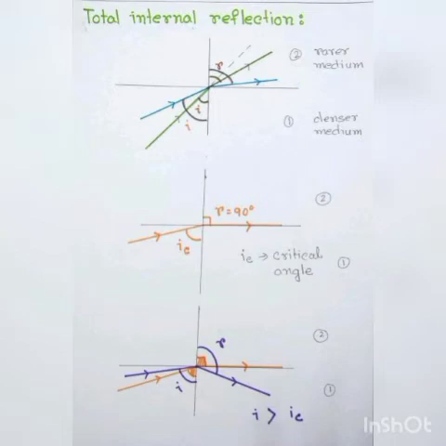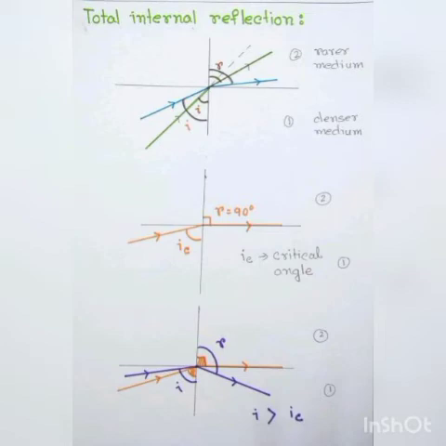Now observe the blue light. Here I have increased the incident angle, and obviously the refracted angle has also increased. So if we increase the incident angle, slowly the refracted angle will also increase.